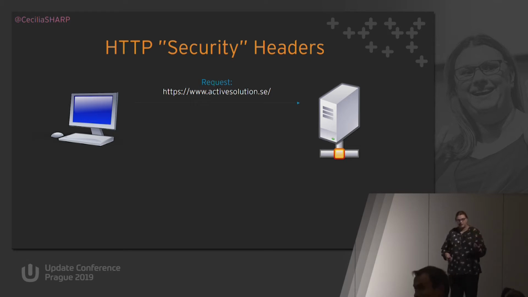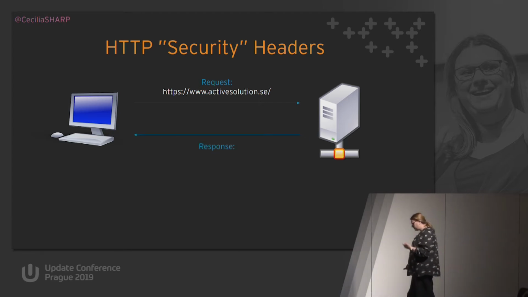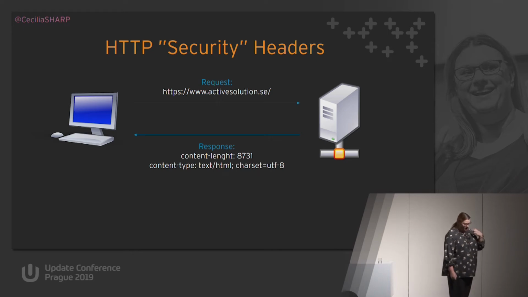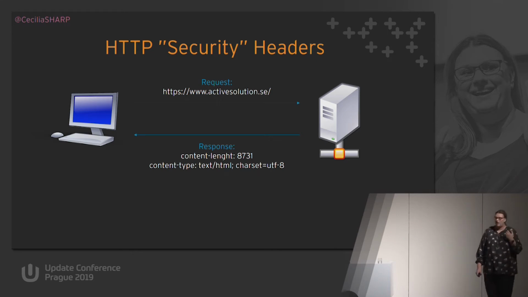serve you the page together with some metadata. And some of the metadata is called headers. And headers are a way to tell the browser how to behave, how to interpret the content. So for example, you can tell the browser how long the content is and what type it is, so the browser knows how to render it or execute it.